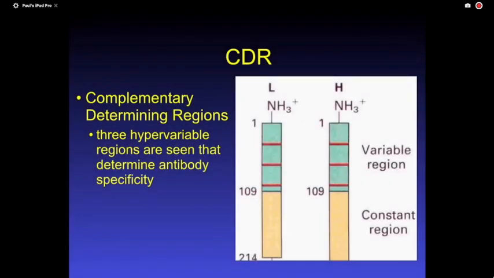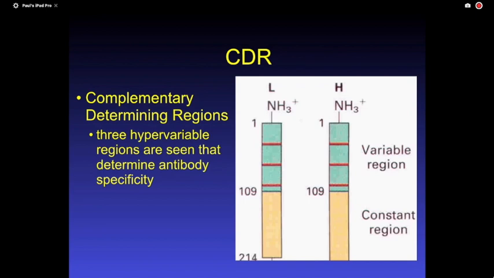Now, I said the variable chains have changes in their amino acid sequence. Well, that's kind of a misnomer. All right, it isn't totally different. Okay, there are variable regions, and if you take a look at it, there are 3 what are called hypervariable regions.